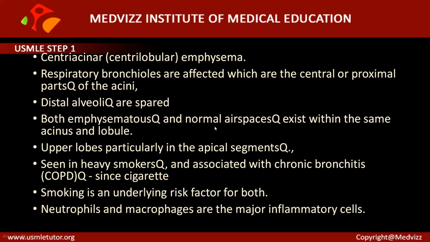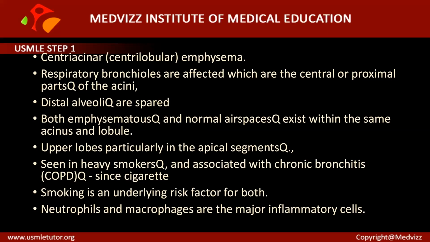Now let us move on to each different type. The first one is called centriacinar emphysema, also called centrilobular emphysema. In this, mainly the respiratory bronchioles are affected, which are the central or proximal parts of the acini.